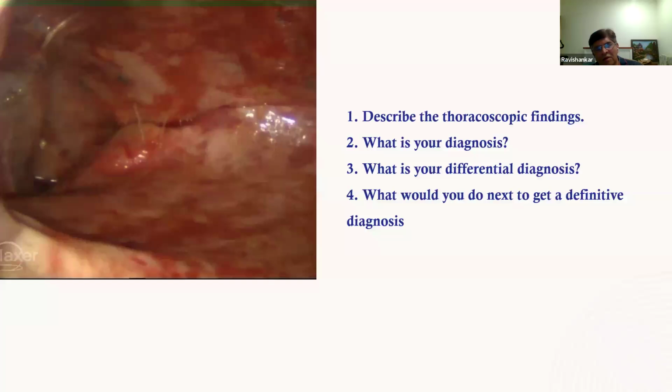So one of the differentials will be infective acute empyema thoracis, tuberculosis and mesothelioma. These are the differential diagnoses. So what would you do, Praveen, to confirm the diagnosis? Sir, we'll send the pleural fluid for analysis, sir.